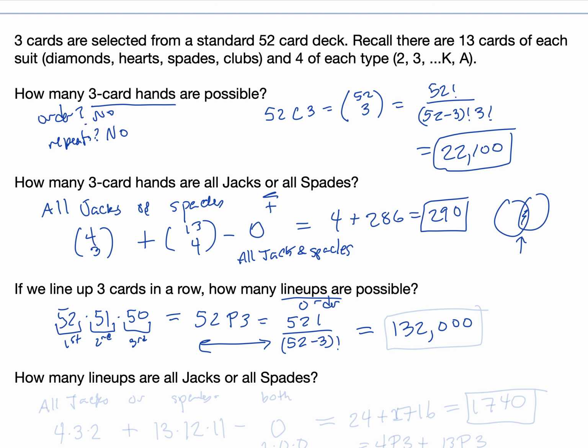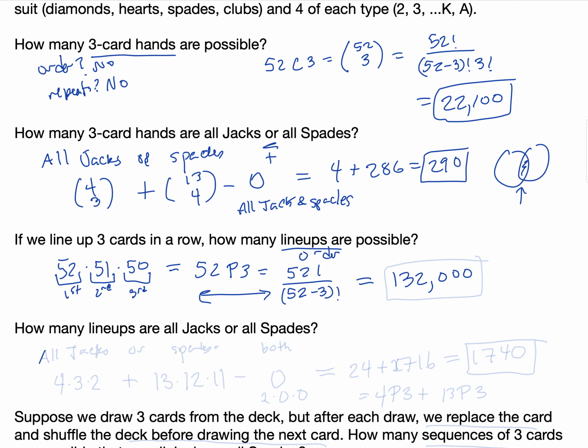What about lineups where the cards are either all jacks or all spades? So again, we can have all jacks, plus all spades. For all jacks, there are 4 jacks, so the number of 3 card lineups that are all jacks is 4 possible for the first card, 3 for the second, and 2 possibles left over for the third card.